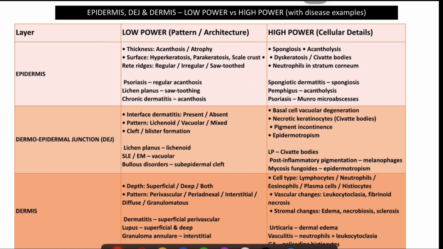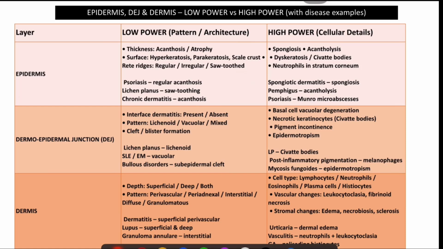See all the layers one by one, starting from stratum corneum to dermis and subcutaneous tissue. And remember, in dermatopathology, confidence comes from pattern recognition, not memorization. So if you train your eye to identify the reaction pattern first, the diagnosis becomes logical, limited, and reproducible.